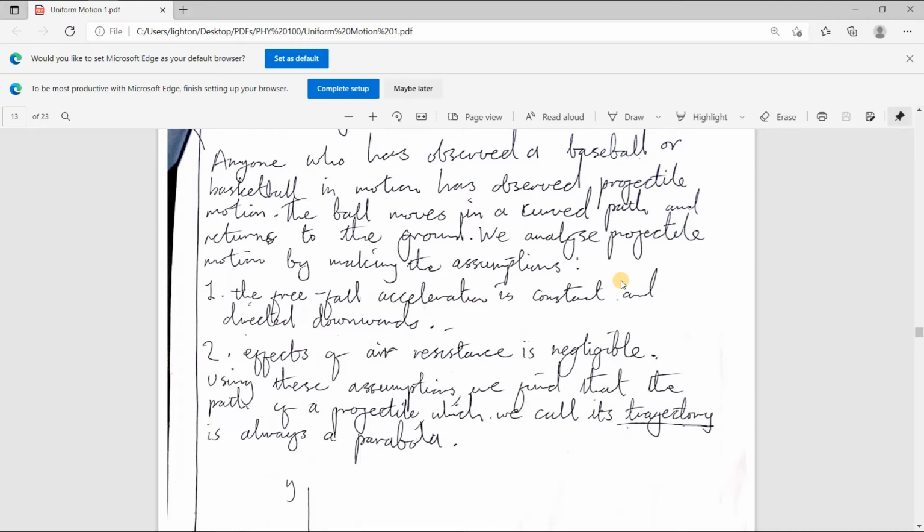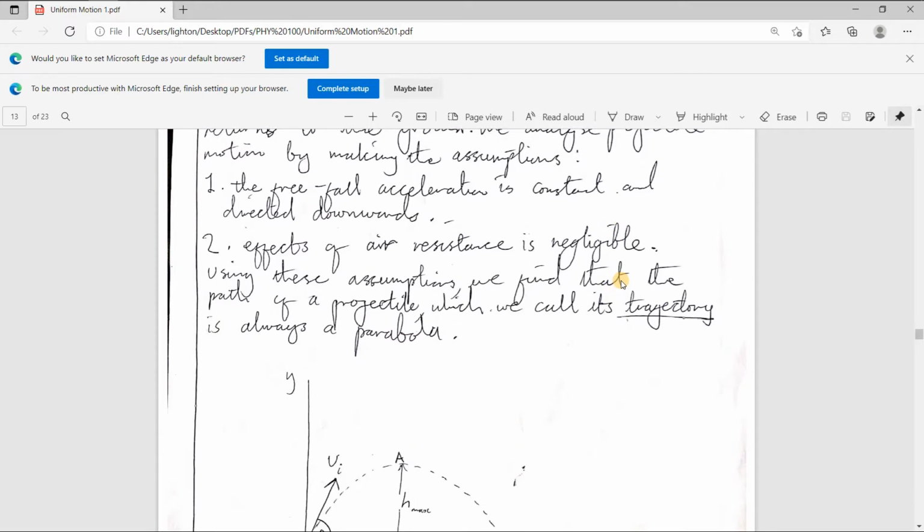We analyze projectile motion by making these assumptions. First, the free fall acceleration, which is gravity, is constant and always directed downwards. The second assumption is that the effects of air resistance are negligible, so we don't consider air resistance when solving for projectile motion.